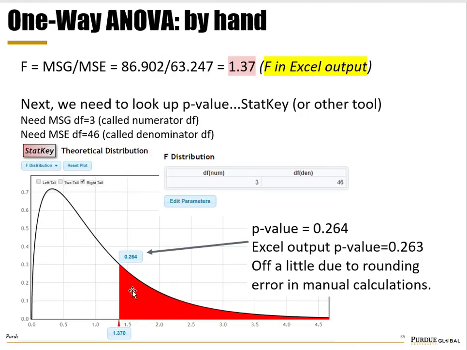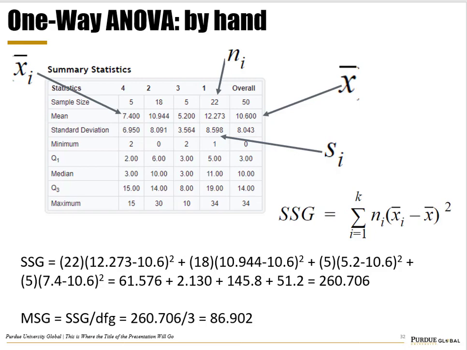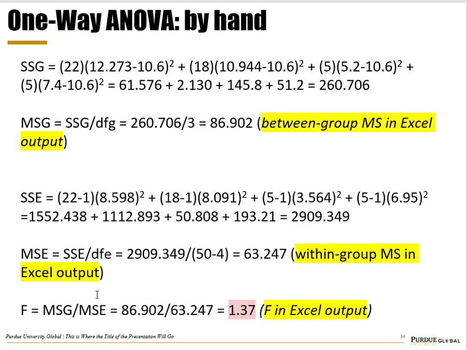And then again, here is the shape. I told you it's not a bell curve. It's like a bell curve that's been pushed, right? Because it always has to be positive, because if you look at the way F is computed, it's a ratio, and those things that make up those ratios are always squared stuff. So you're always getting positive things, right? Squared stuff here and squared stuff there, so it's a bunch of positive things added together. So you're always going to get a positive number over a positive number.